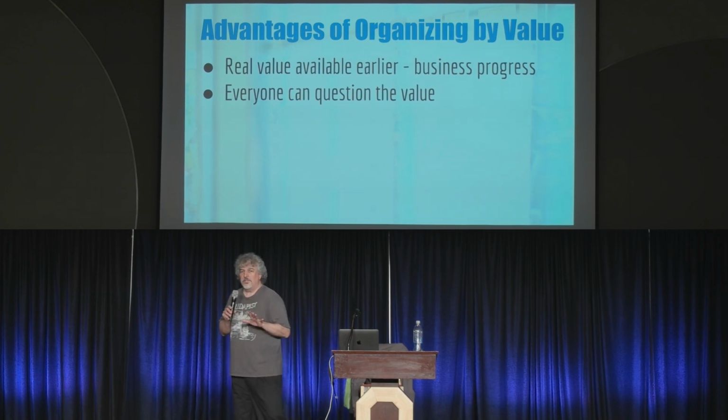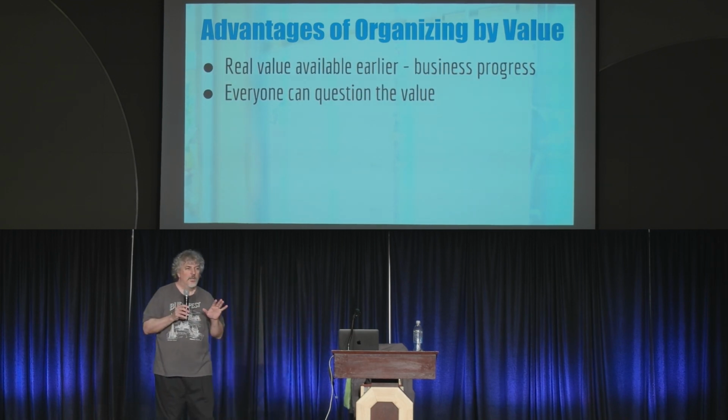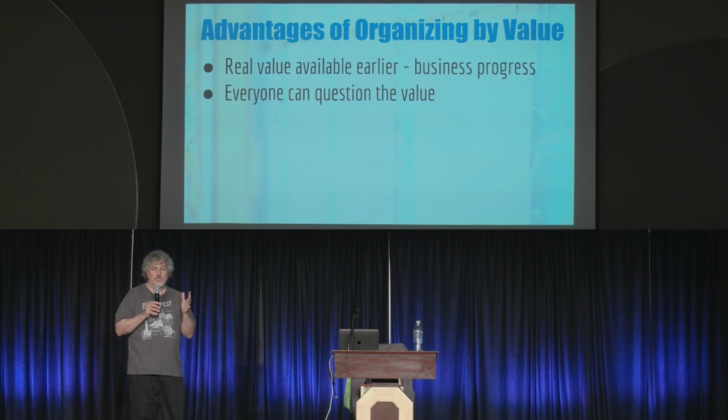Also, everyone can question the value. I have some trouble with the Scrum definition of a product owner, that this is the person who understands the business value. I want all of us to understand the business value and to be able to ask questions about it and to question it. Each of us should be saying, I don't understand why that's valuable. I know we're building stuff here for families.